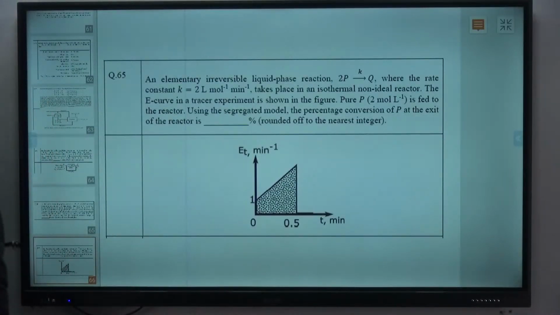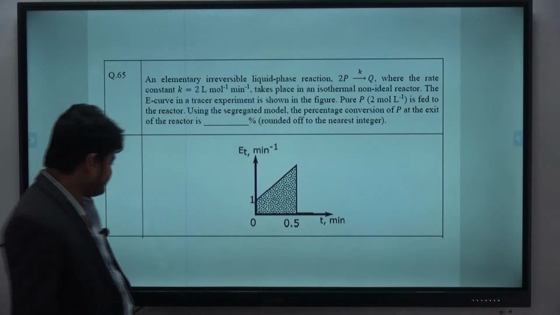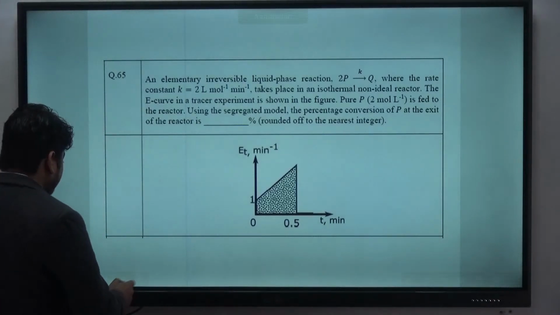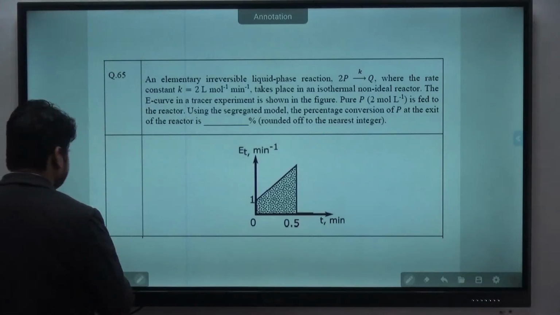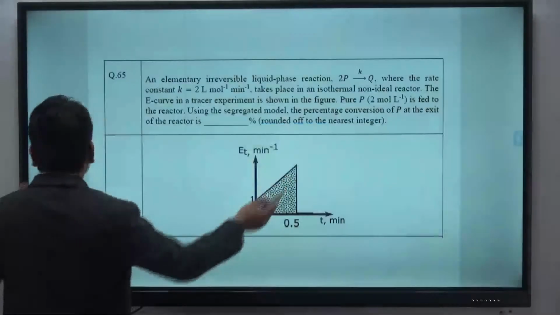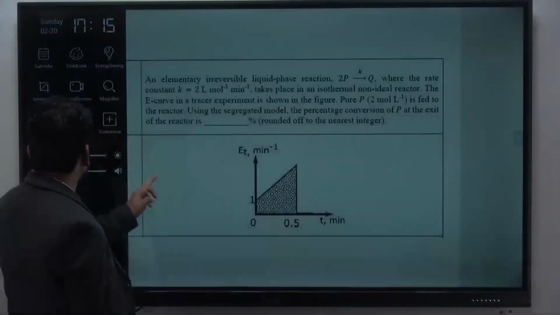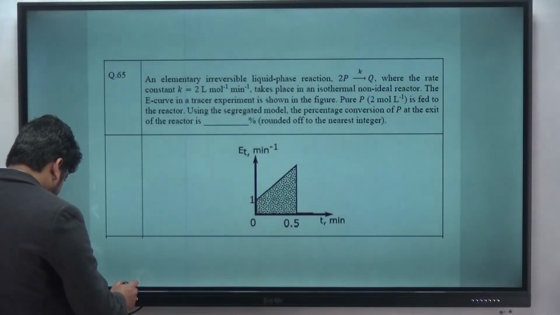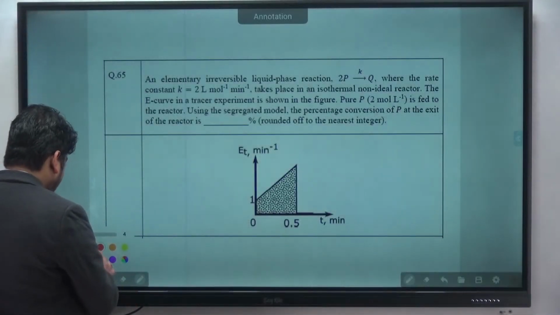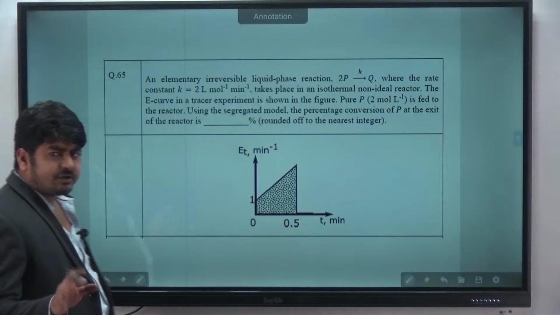Like there was a question on the segregation model. If you guys remember, the segregation model is not in your syllabus.